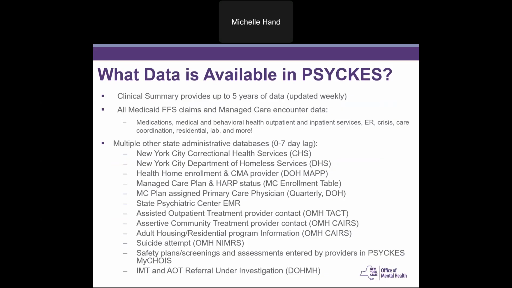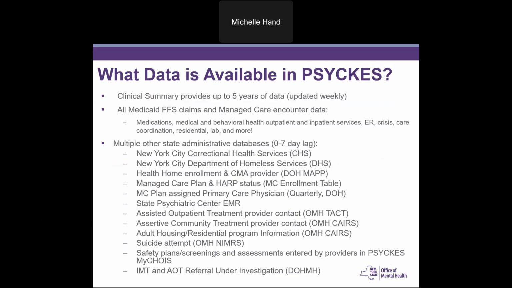And our newest data source is the New York City Correctional Health Services data, which includes the provider name, the jail admission date, the jail discharge date, released to information, placed in jail, mental health, residential treatment, if applicable to the client, behavioral health diagnoses they received, medications at the time of their discharge, and then also any scheduled follow-up or referral information would be included.